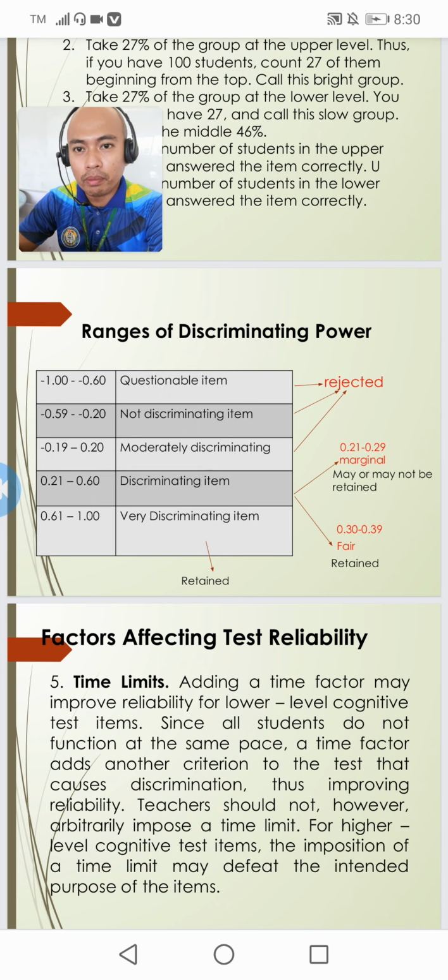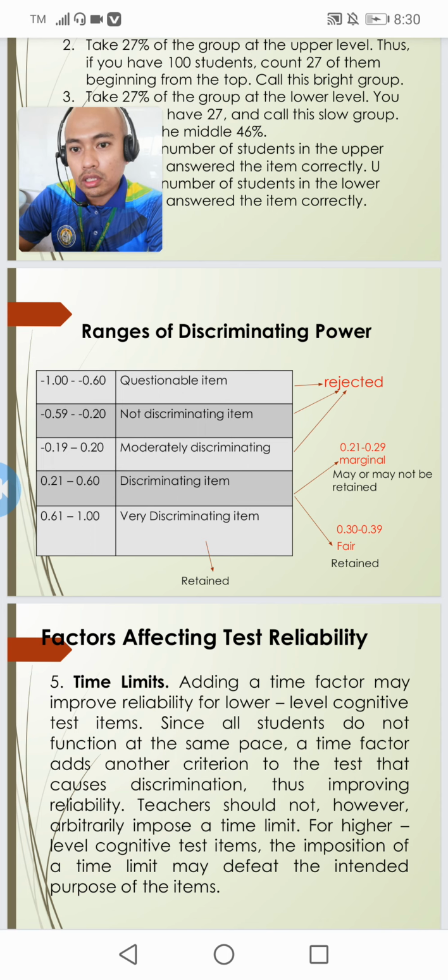Pero kung meron ka pang mga extra items that could represent that particular competency, ang gagawin mo ngayon, pwede mong i-revise or pwede mong tanggalin kasi may mga extra items ka pa that would fall under that particular competency. Okay? So meron kang mga extra items in that case. So pwede mong i-reject or pwede mong i-retain. It's up to you as the test constructor. All right? So that will be considered.